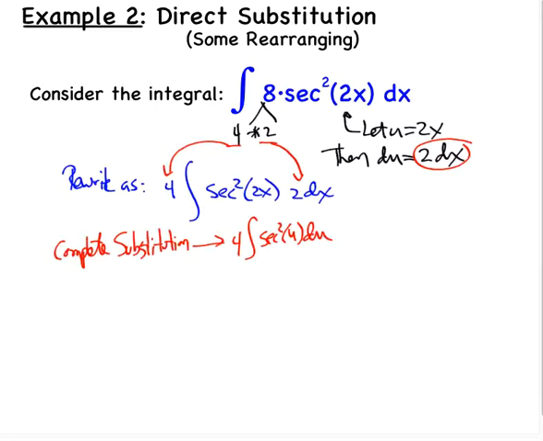We know that the antiderivative of secant squared is tangent. So the 4 from outside the integral just multiplies tangent u plus c. And we say, well, we don't want this to be in terms of u. We want to return to the original variable, which was 2x. So our final answer is 4 times tangent 2x plus c.